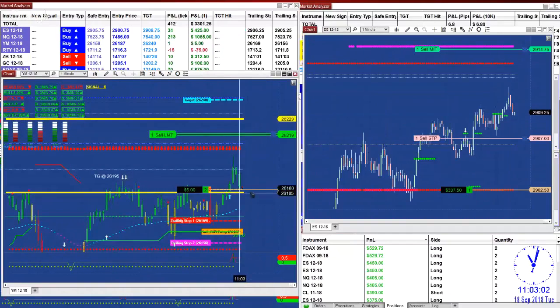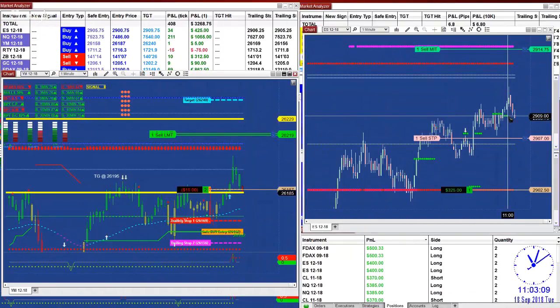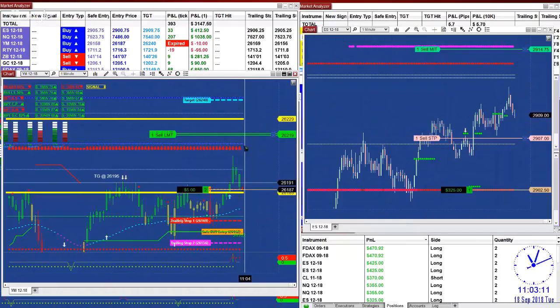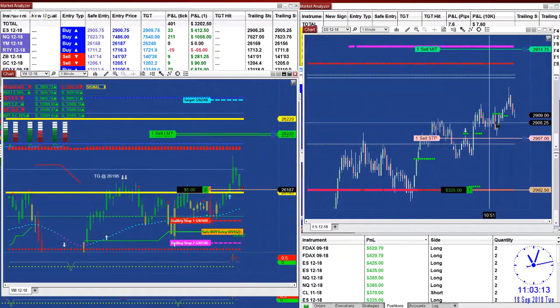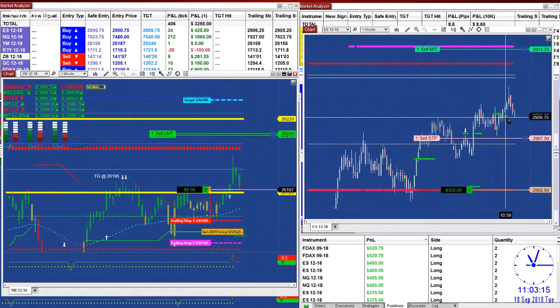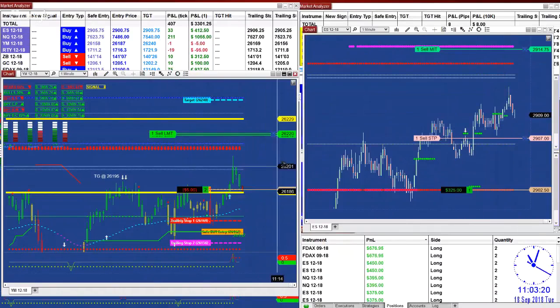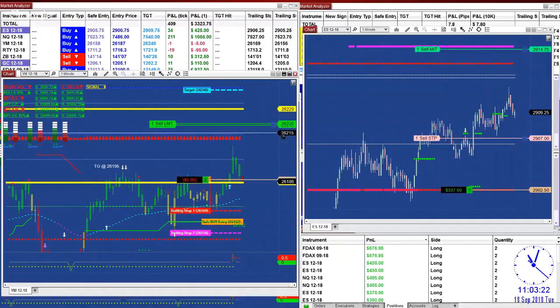Now it is back to the same entry. Look. If this one holds, that means this Nasdaq is going back up. If this area doesn't hold, go ahead and lock in your profit, the $300, better than nothing. It's over.